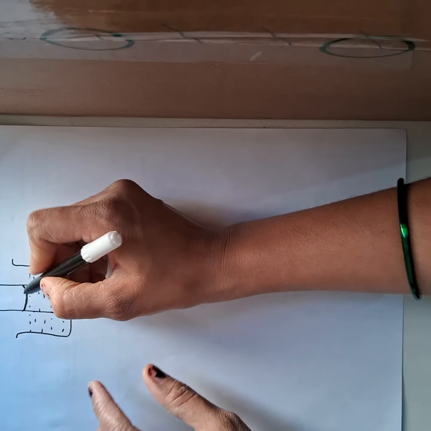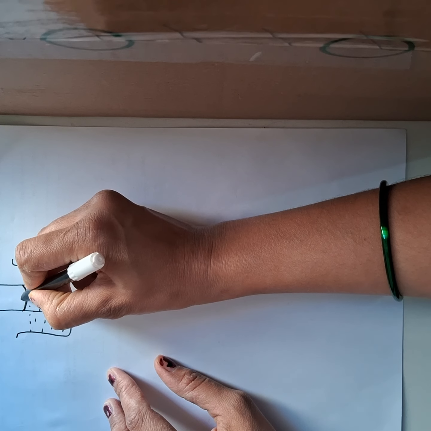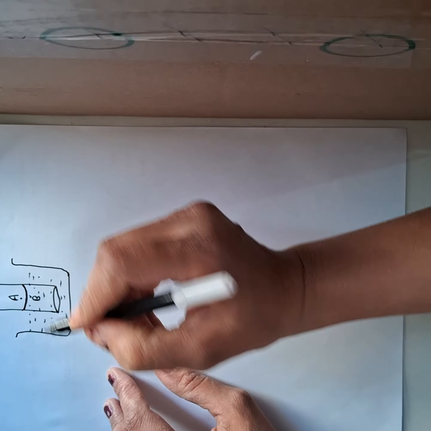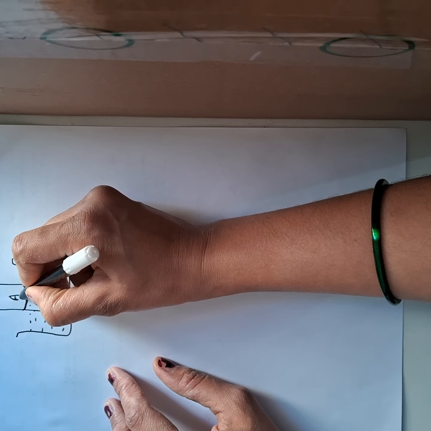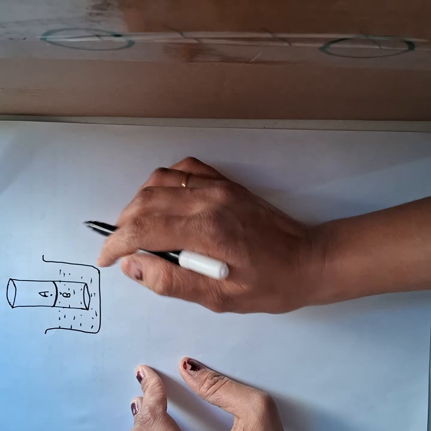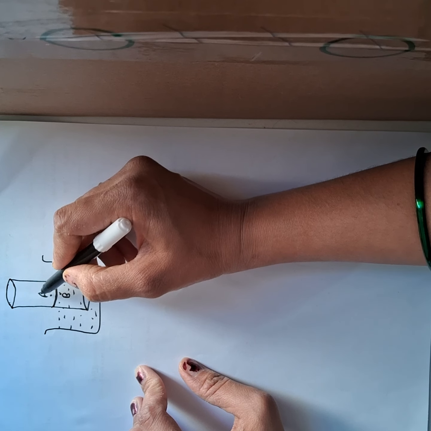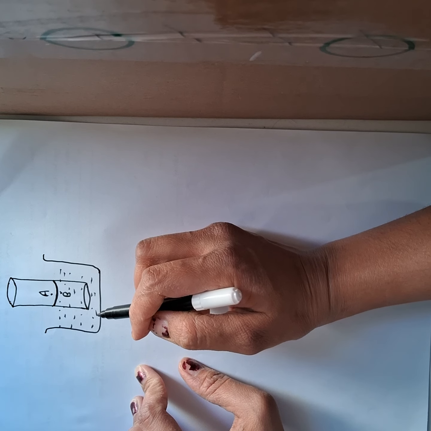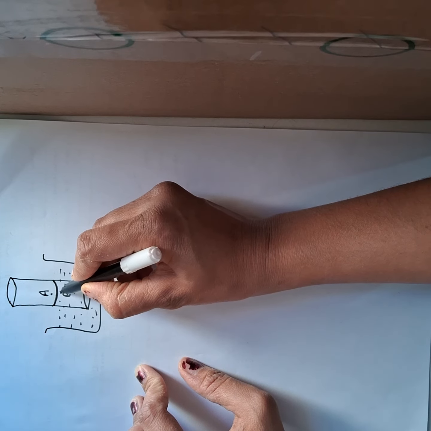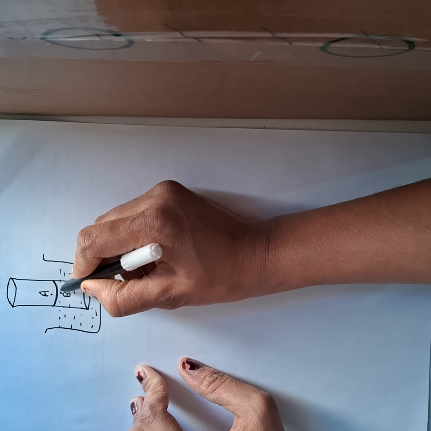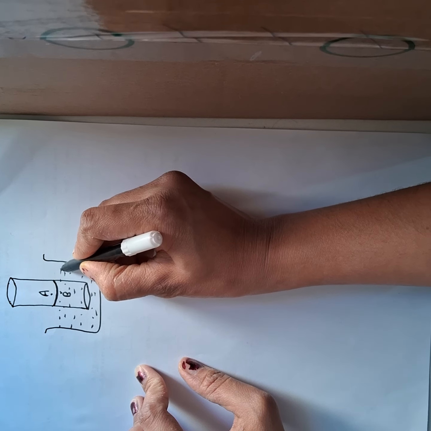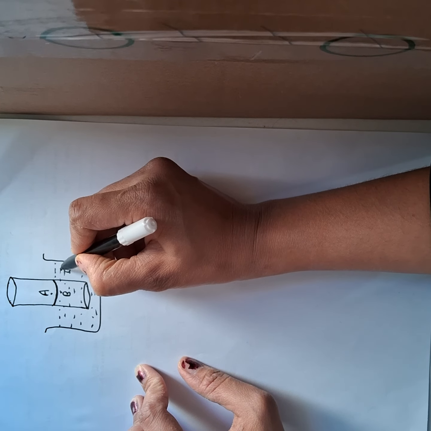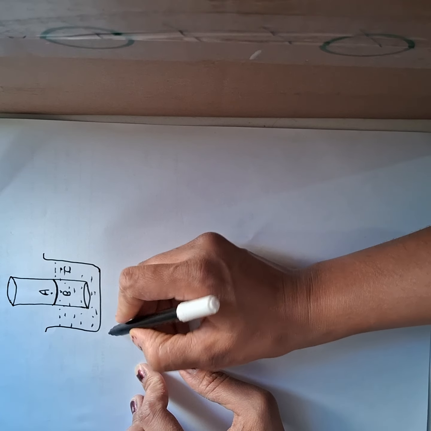So what happens if we consider two points, suppose A and B? The pressure at point A is atmospheric pressure, and the pressure at point B is lower than the atmospheric pressure. If we take any equivalent point, suppose C, the pressure at point C is P atmosphere. Let's write it.